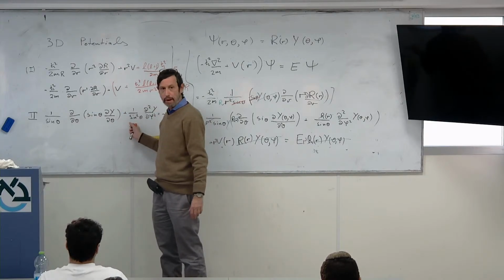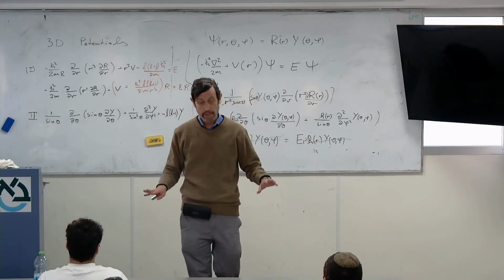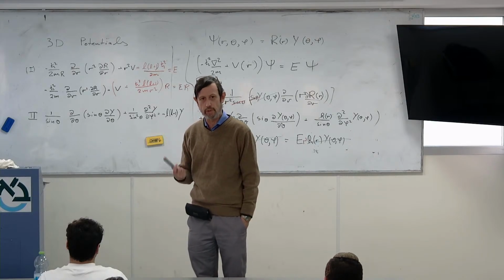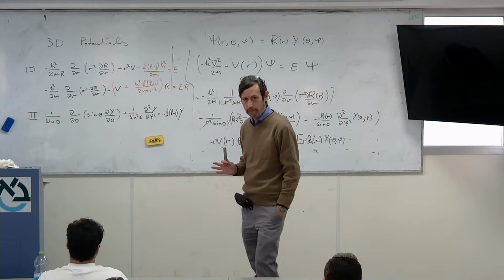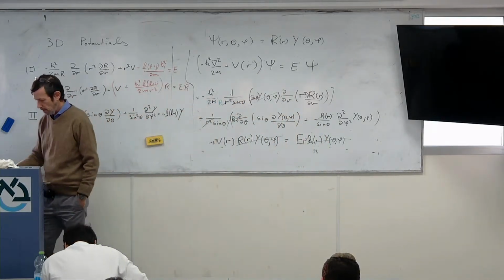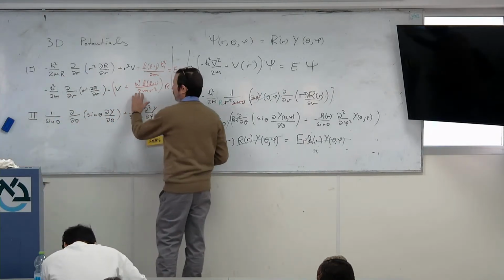And the second part doesn't depend on the potential at all. This is the part that probably in the next lecture we'll show is angular momentum. Okay, so the remainder of this lecture will go on solving this part.